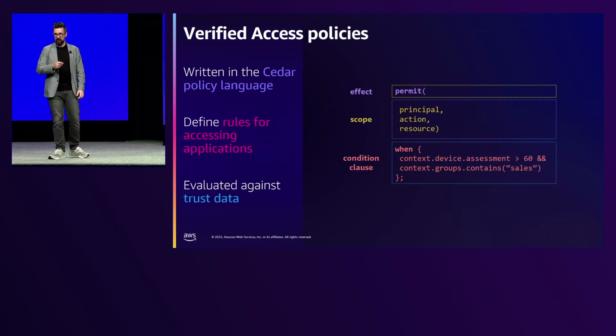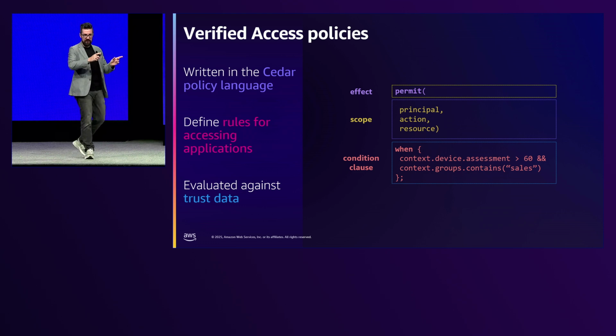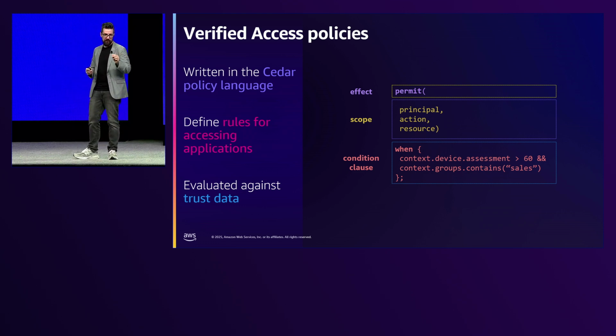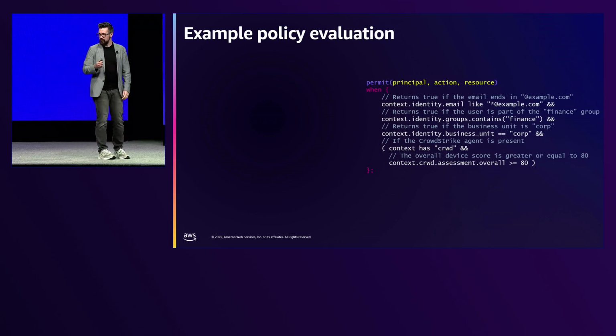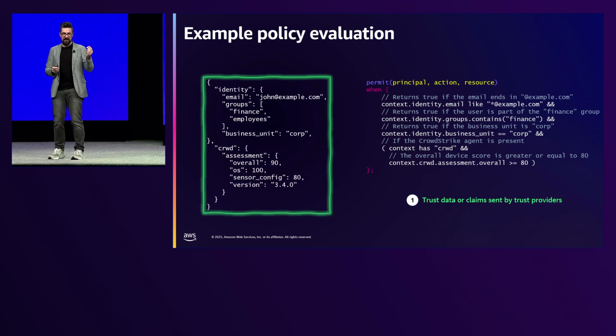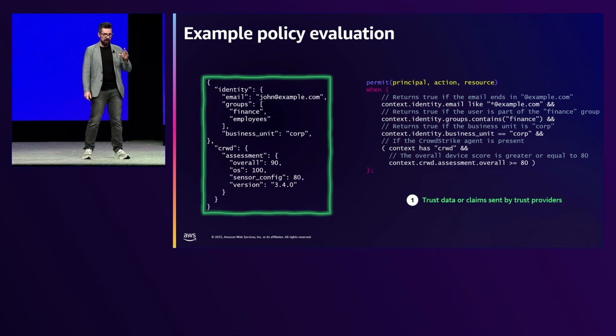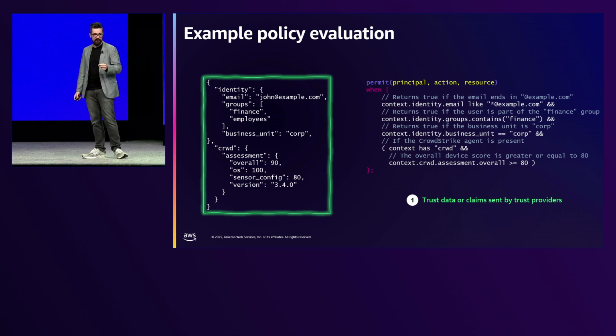So let me give you an example of how this works. My trust data will come from my providers, and I'll evaluate this against my policy. So here, I've got an AVA policy, and this can be attached either to my instance or to the application. And now I've got an example trust claim that's being sent to AVA, and this will include identity information as well as information from my device providers.